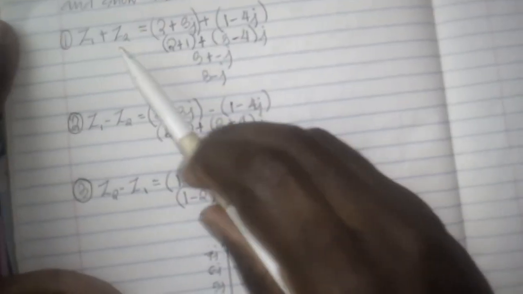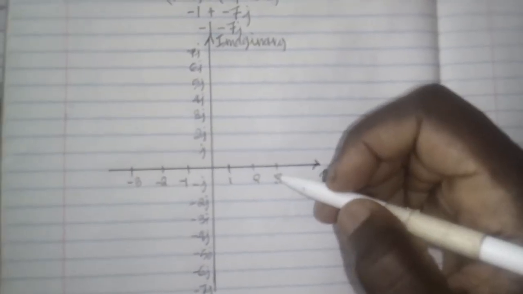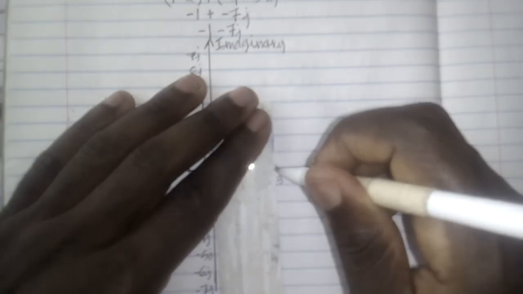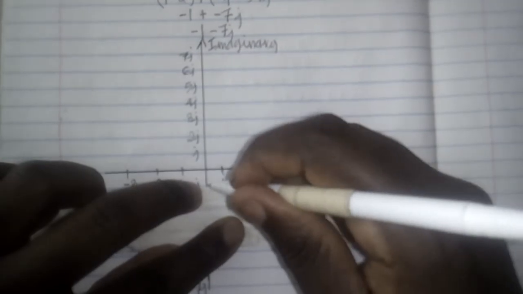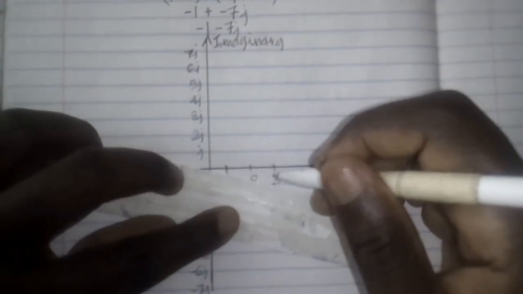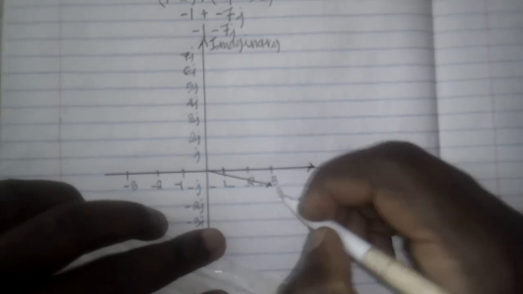So the first z1 plus z2, the answer was 3 minus j. 3 is here, minus j is here. So it will be there. So this is our complex number. This is 3 minus j.